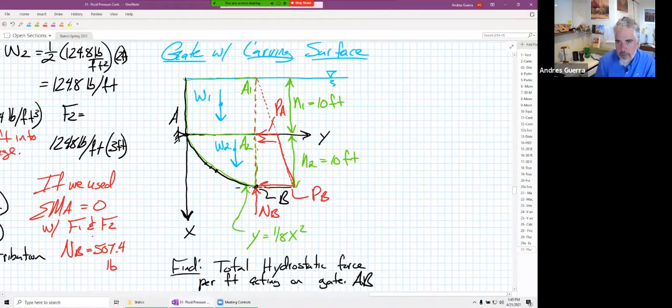From that trapezoid, we can break it up into a rectangle and a triangle. Let's call the triangle W3 and the rectangle W4.